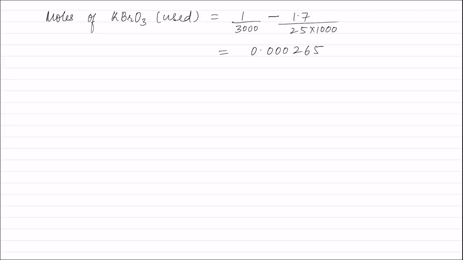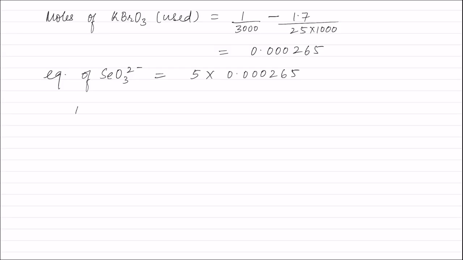and this is equal to 0.000265 moles. Now from this, equivalence of SeO3 2 minus is equal to 5 into moles of KBrO3 used in the reaction, that is 0.000265. Therefore, 5 into 0.000265 will give the equivalence of SeO3 2 minus.